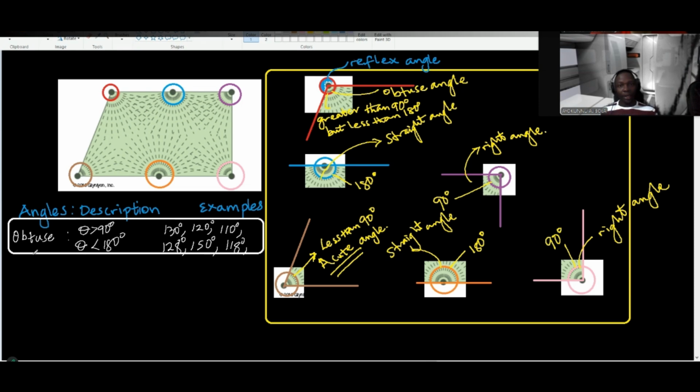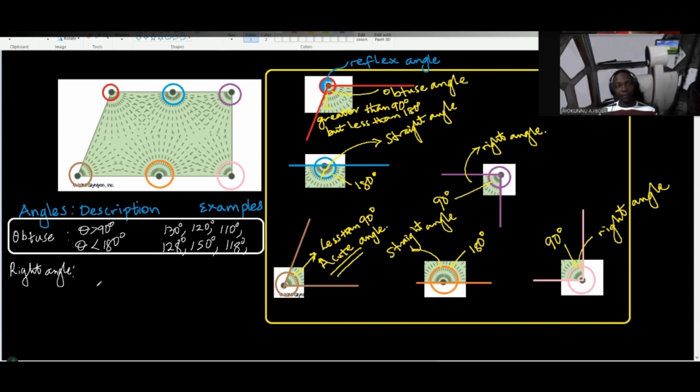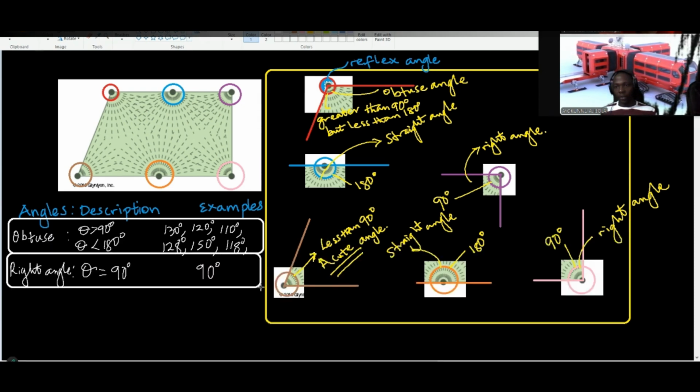The next one we're going to mention is right angle. Right angle is what? The angle must be equal to what? 90 degrees. So the only example is 90 degrees. Then the next one we'll mention is acute angle.